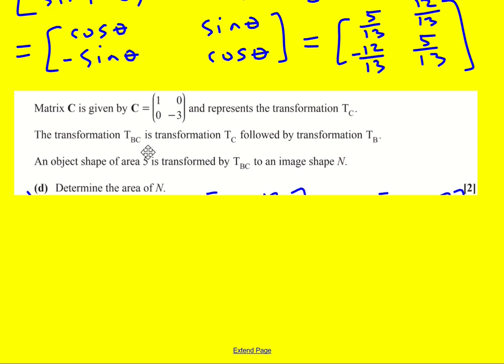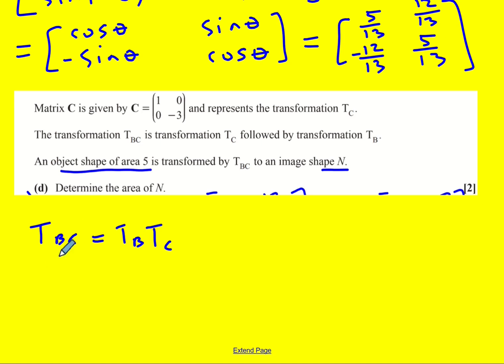So we've got a transformation BC, which is TC followed by TB. So if I was multiplying a matrix, I would multiply by TC first and then TB afterwards. So I'm going to write it like that. Now, an object shape of area 5 is transformed by this matrix to an image shape n. Determine the area of n.